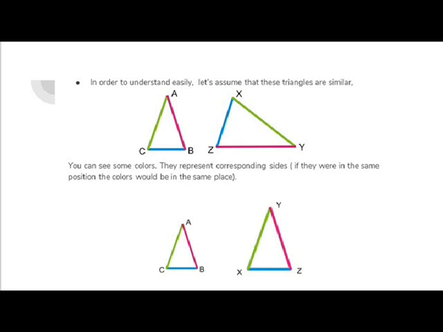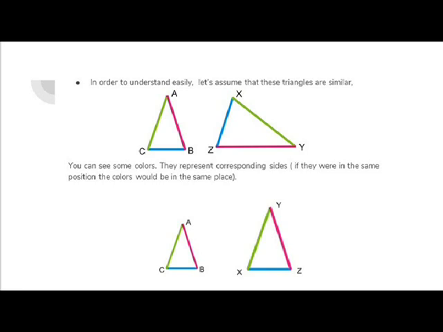So in order to understand easily, let's assume that these triangles are similar. You can see some colors, they represent corresponding sides. If they were in the same position, the colors would be in the same place. So the idea is to put the triangles ABC and XYZ on the base.